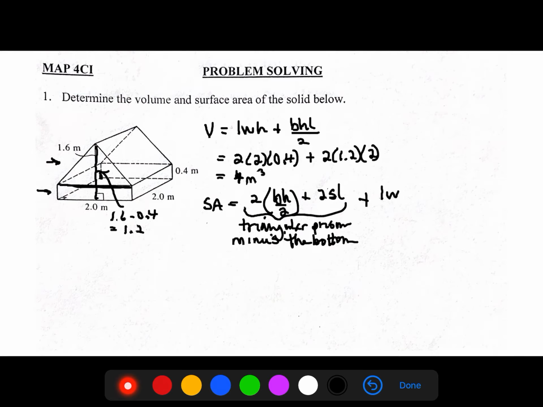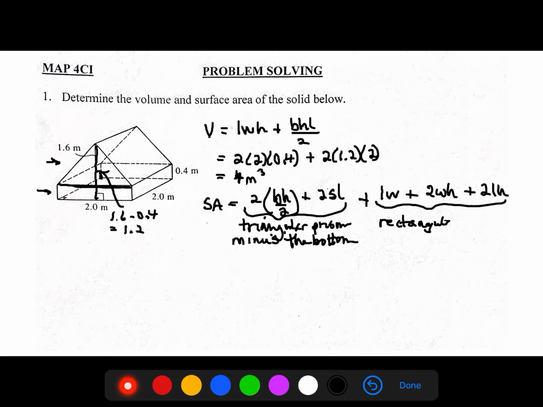Now, for our rectangular prism, again, thinking about our 2 length times width plus 2 width times height plus 2 length times height, in this case, the top of our rectangular prism is not on the outside. So we are only going to include the bottom of the rectangular prism, not the top.